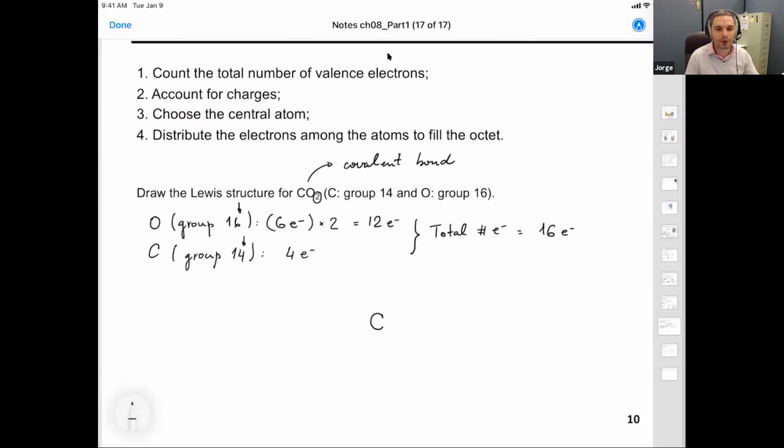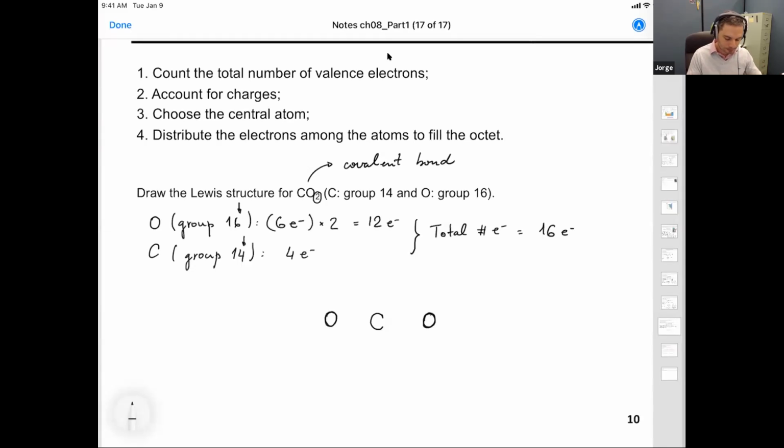And now we are going to distribute the 16 electrons among all the atoms to fill the octet. So let's put each oxygen next to the carbon atom. Each oxygen is from the group 16, therefore it needs to get 2 electrons to achieve stability.